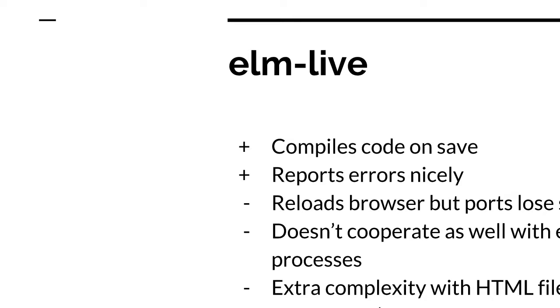There's some extra complexity if you serve your own HTML files from a backend, or when you have flags that you have to initialize, for instance, also via a backend. I couldn't figure it out, so if anyone here knows some solution to this, I would love to hear it, because I think it's a big minus for Elm Live.